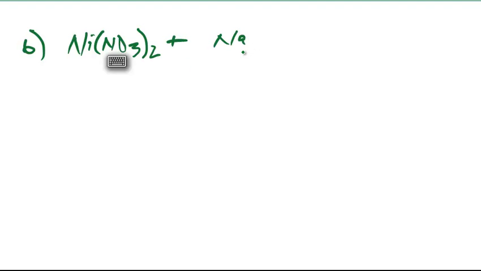I'm running a little short on time, so I'm going to go a little bit fast. Here is the equation. That's nickel 2 nitrate, so I'm going to have 2 nitrates, plus NaOH, sodium hydroxide, yields nickel 2 hydroxide plus sodium nitrate.